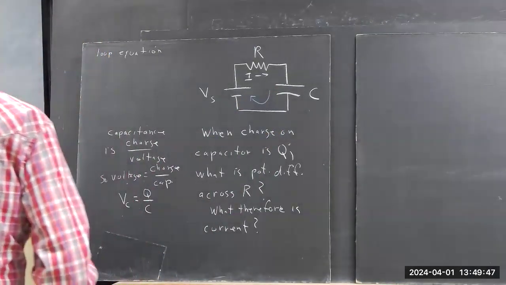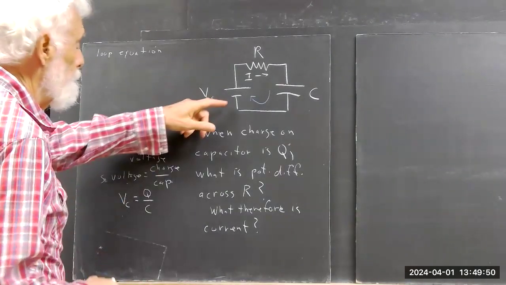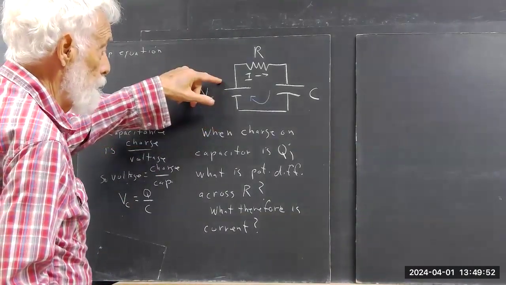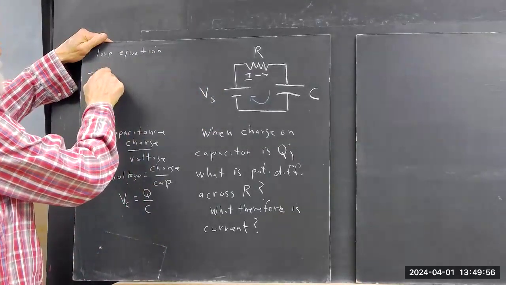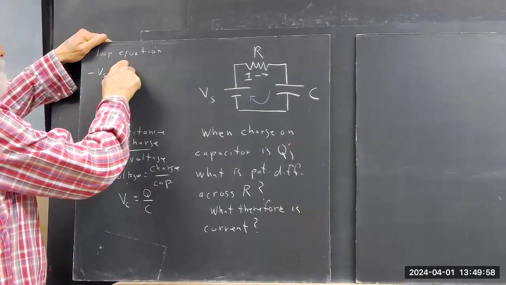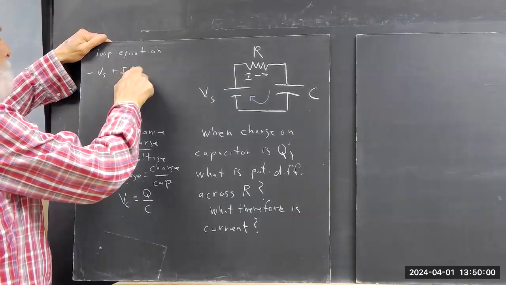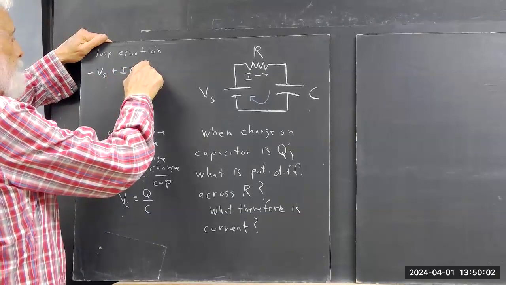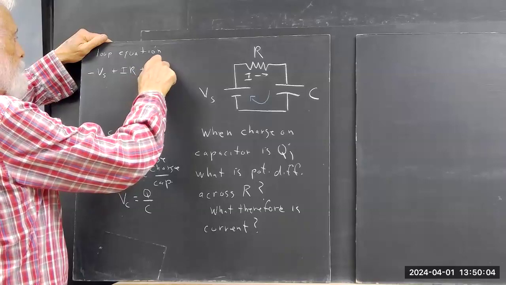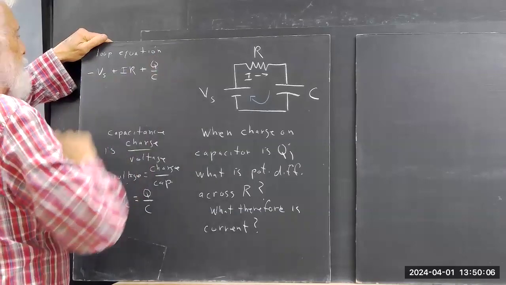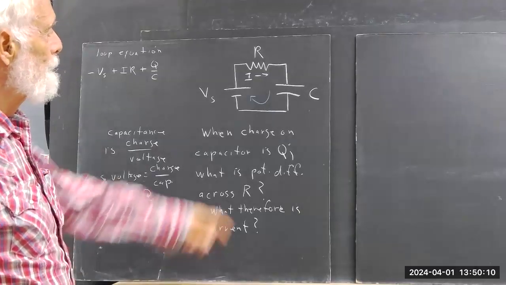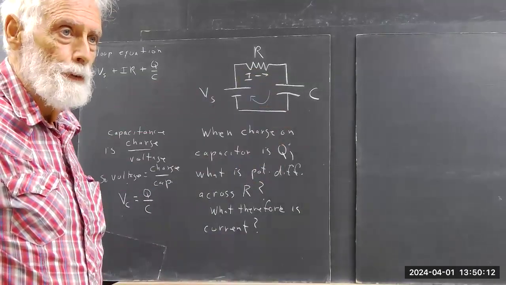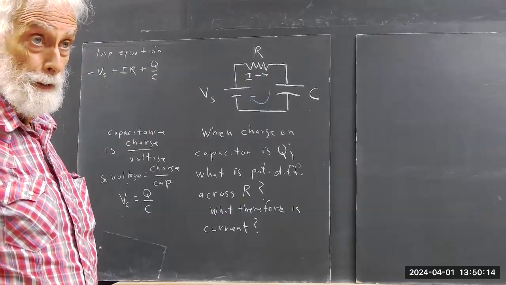So if our loop is clockwise, then we have a negative voltage drop here as voltage goes up. So we have negative DS plus IR, now let's say plus Q over C. I didn't say which plate of this capacitor is positive and which one is negative, did I?